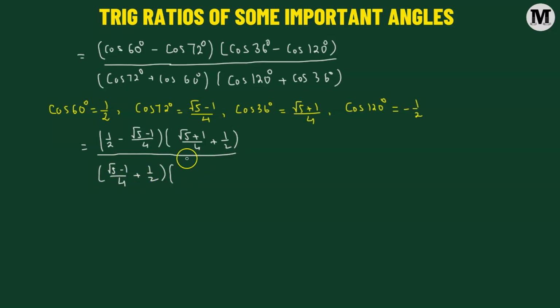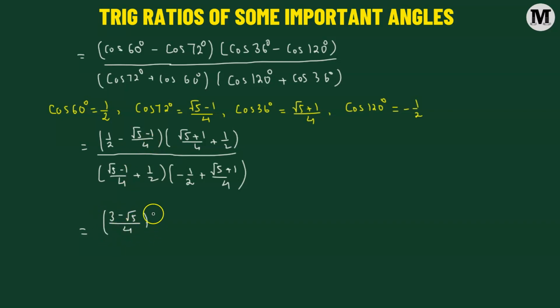And then we have cosine of 120 degrees, that's negative 1/2 added to square root of 5 plus 1 divided by 4. Okay, so combining half and square root of 5 minus 1 over 4, we're going to get 3 minus square root of 5 divided by 4.